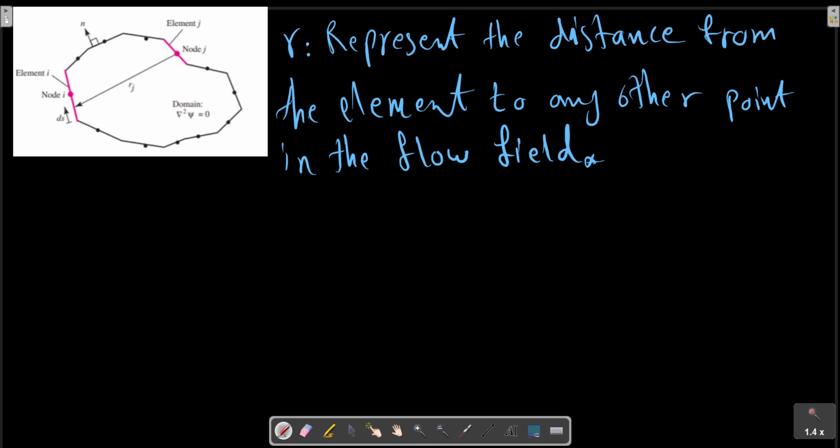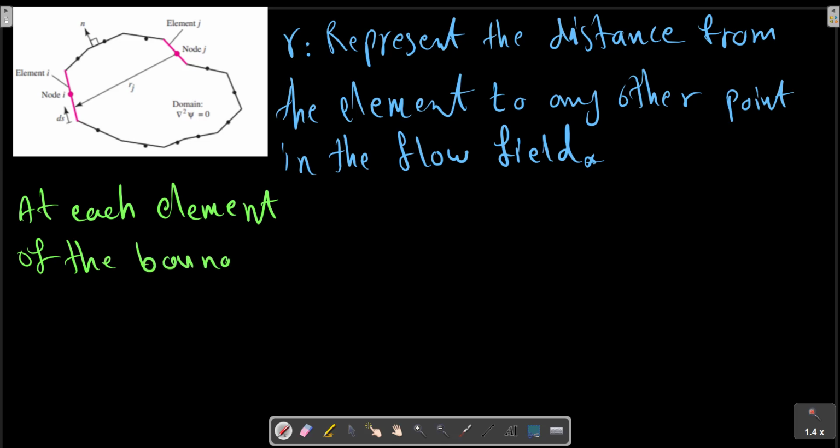At each element of the boundary, we typically know either the value of psi or the value of its derivative with respect to n, where n is normal to the boundary.